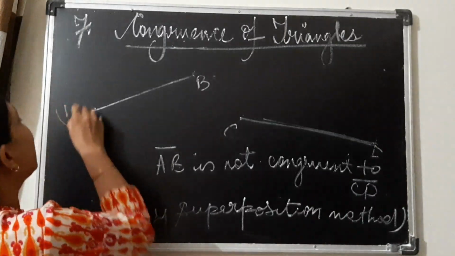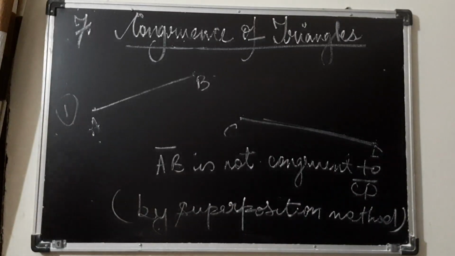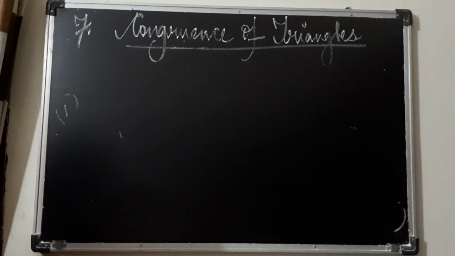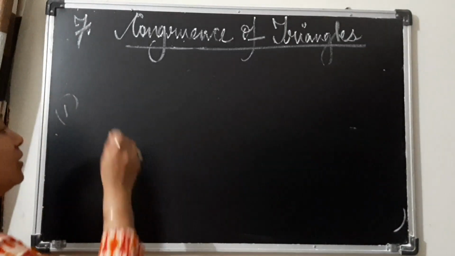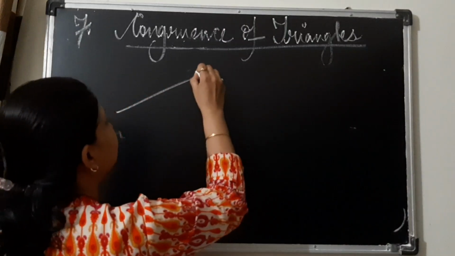So this is one pair of line segments I have taken. Let us take one more pair of line segments. And again by the superposition method, we will see whether this pair of line segments is congruent or not.